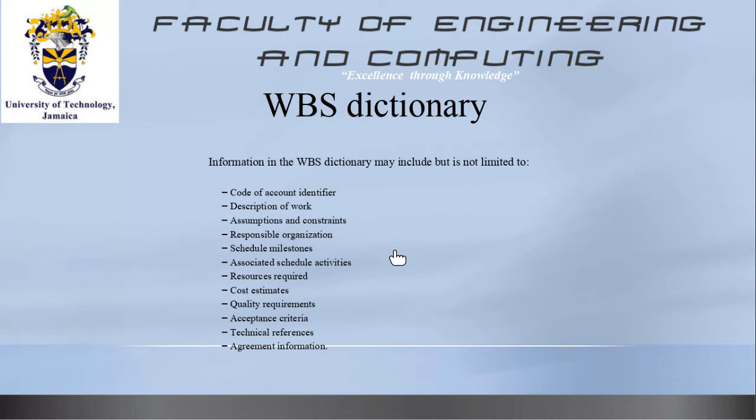Description done, nothing fancy. Then any assumptions and constraints. An assumption might be that we operate in Jamaica on a 50 hertz cycle. It may be difficult to find a 50 hertz cycle motor. So an assumption might be the motor will be a 60 hertz. So you make adjustment for that because you know efficiency will be diminished. So all of these are considerations. Constraint, that in itself might be a constraint.